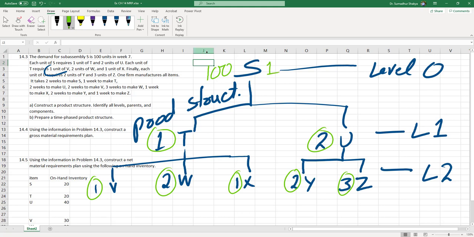So for 100 units of S, we would need 1 times 100 units of T, and 2 times 100 units of U, so 200. Then 100 times 1, so we need 100 of V, 100 times 2, we need 200 of W, and 100 of X. Since U was 200 units, 200 times 2, we want 400 units of Y, and 200 times 3, we want 600 units of Z.